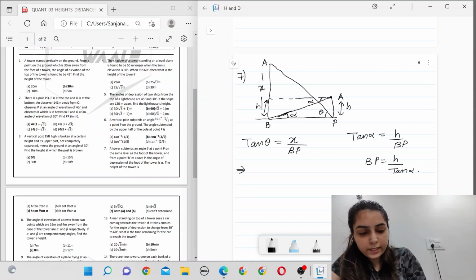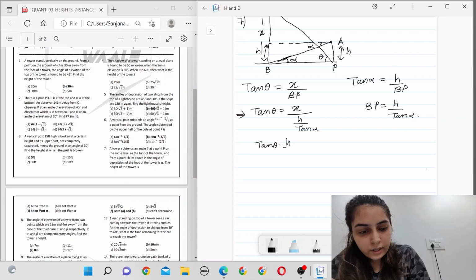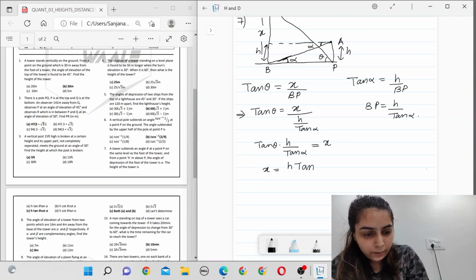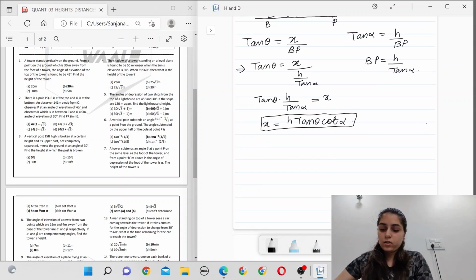If we apply this here, tan theta is equal to x by (h by tan alpha). If we cross multiply, it's going to be tan theta into h by tan alpha is equal to x, that is, x equals h tan theta cot alpha. So this is going to be your answer, and the answer is option C.